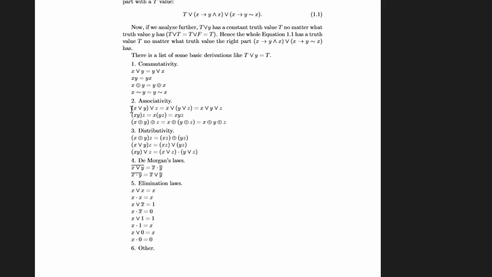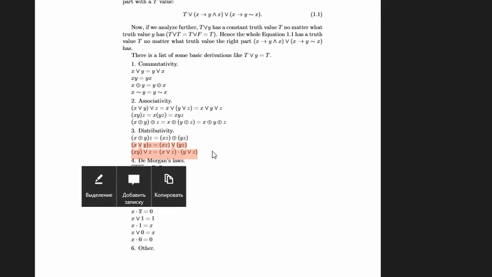The second one is associative rules. Probably you remember this from your math classes from school. This is also very easy. The third one is distributive rules, these last two ones. This is similar to rules from math class.